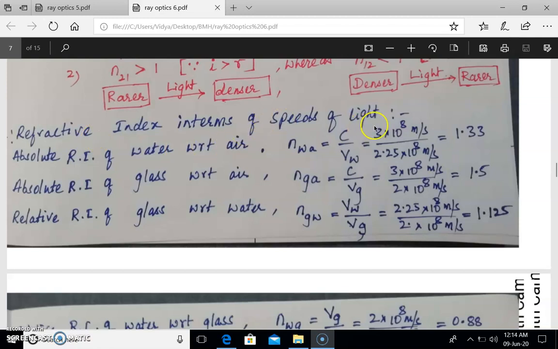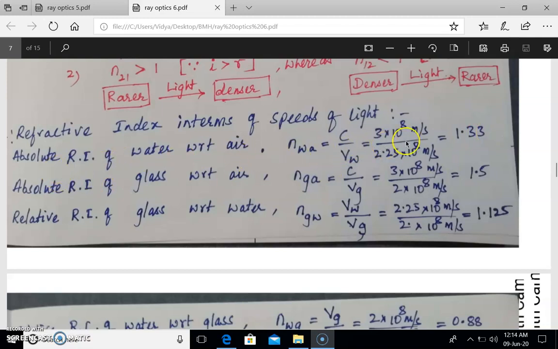Refractive index in terms of speeds of light. Refractive index also can be calculated if you know the speeds of light in both the media. Absolute refractive index of water with respect to air, which means light travels from air to water, then n_WA is the ratio of the speed of light in air to the speed of light in water, which comes out to be 1.33.